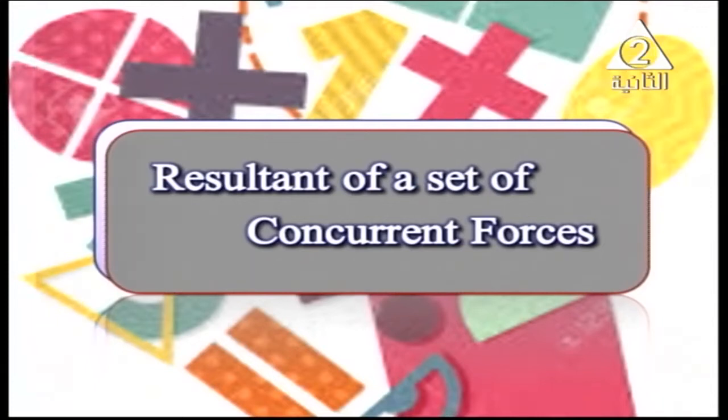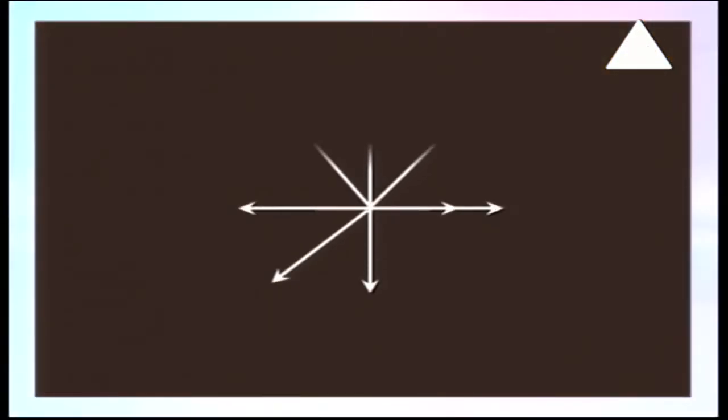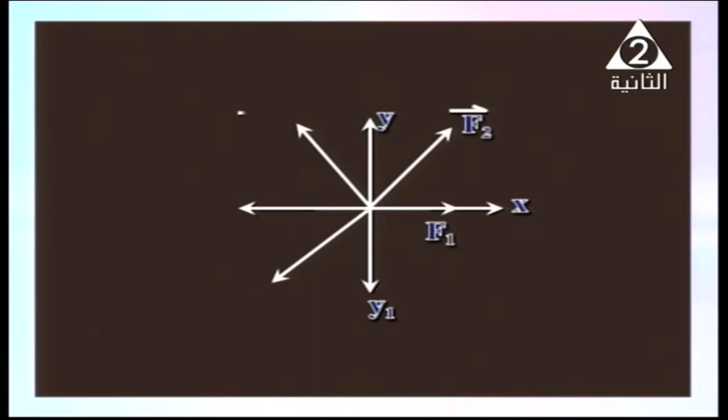Look, we have two axes, x axis and y axis, and F1 acts along the x axis, then F2, F3, F4, F5. We have more forces acting on the body.